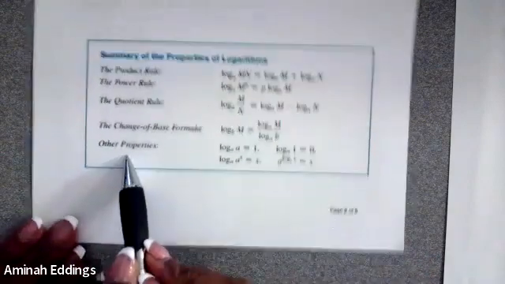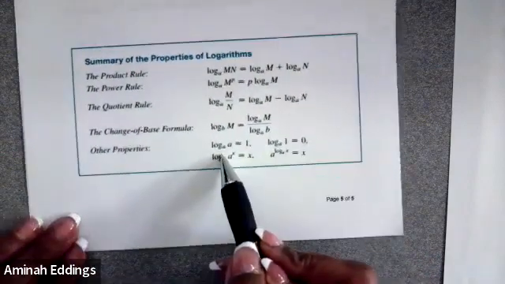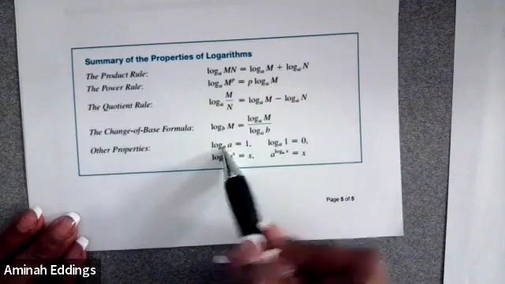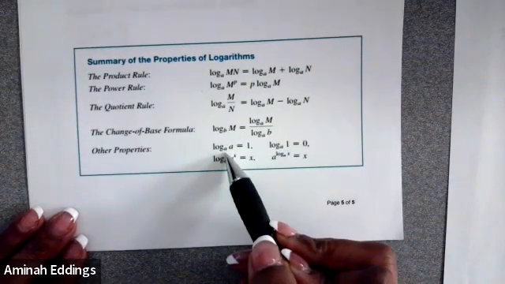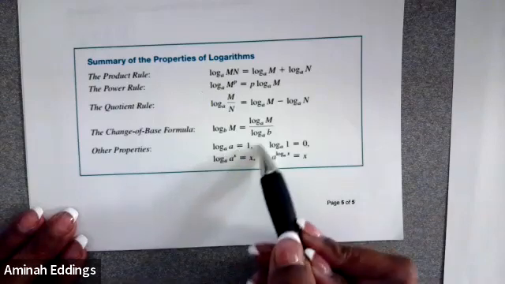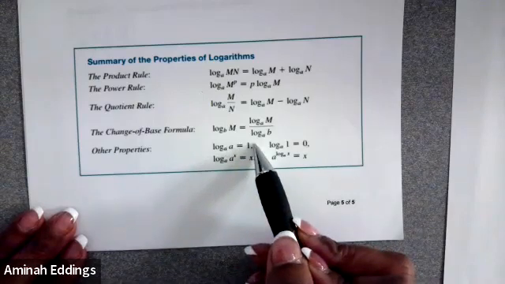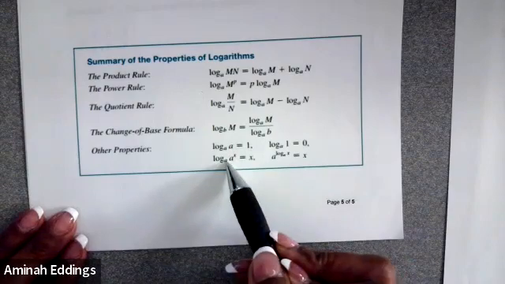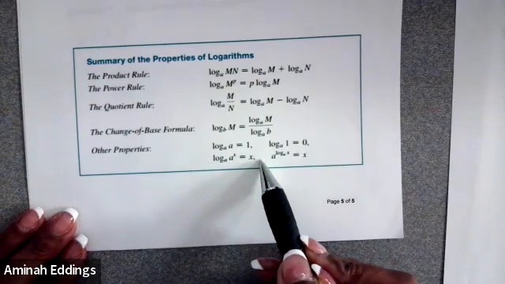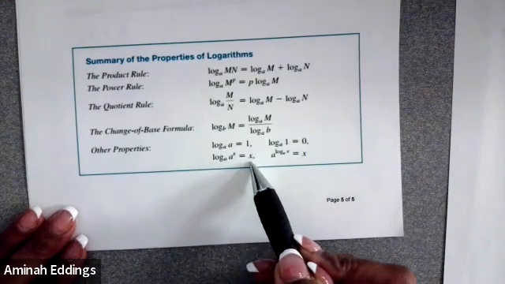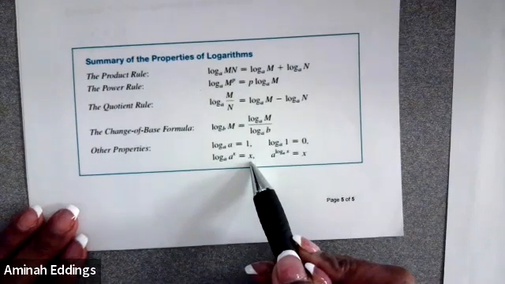The last properties that we've looked at: remember when our base and our logarithm are the same, log base A of A equals 1. Base and base equals the exponent. When our bases are the same, our answer is our exponent.